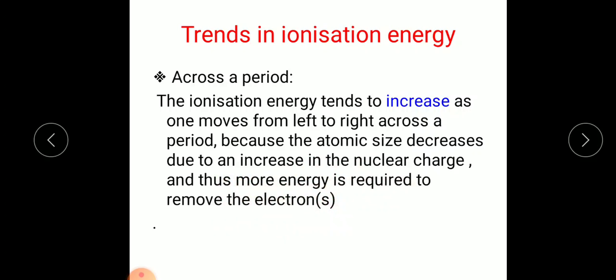So as we know, the size of the atom decreases as we move from left to right, and because of this small size, the electrons will have more pulling power towards the nucleus, so it will be difficult for us to remove the electron. That's why the ionization energy value increases.